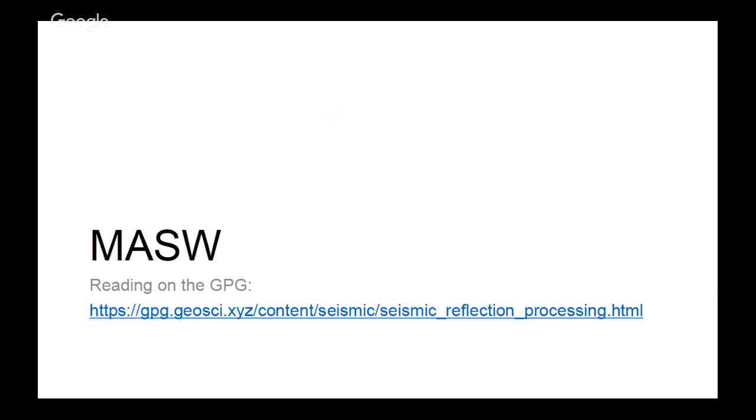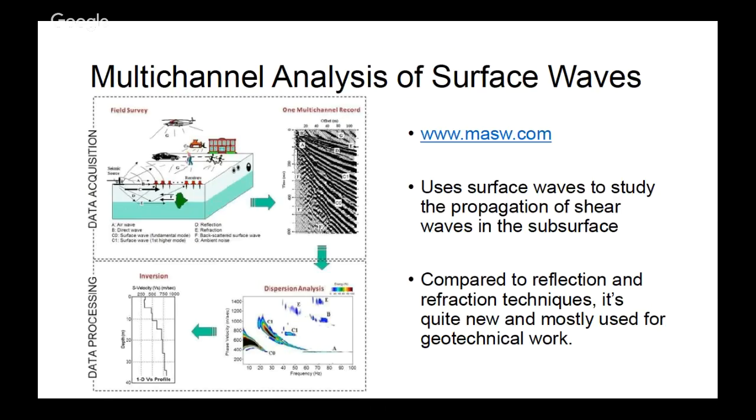Okay, there's one more method that we're going to talk about, called MASW, which is multiple azimuth surface wave or multi-channel analysis of surface waves, and it's a newer type of method compared to these other ones.